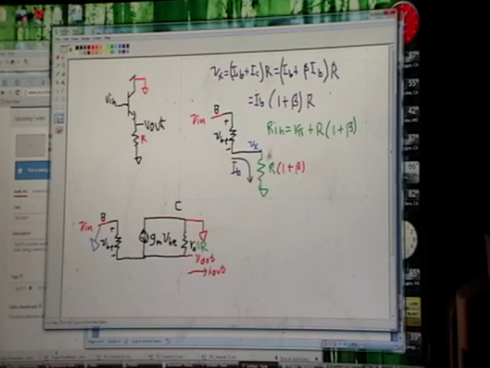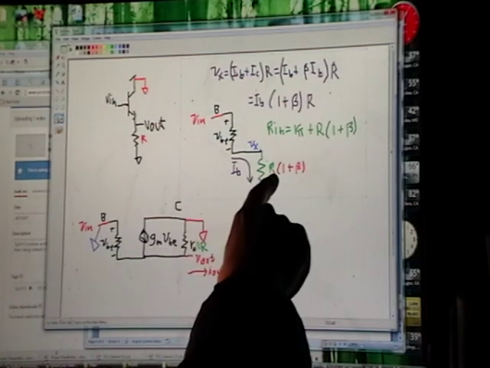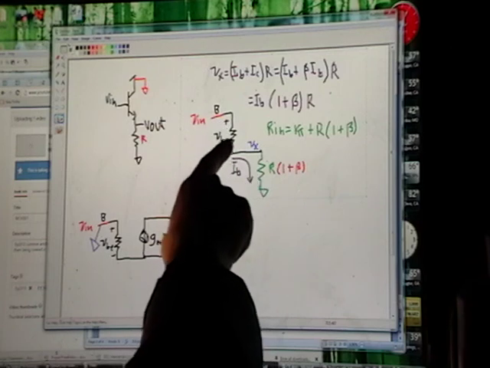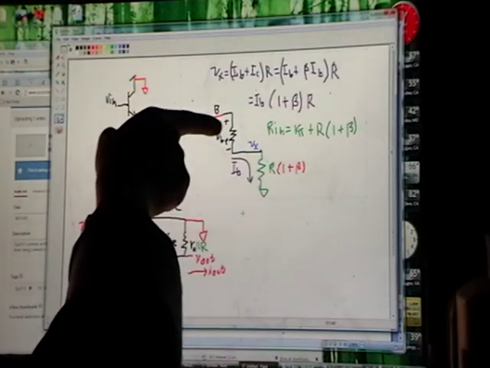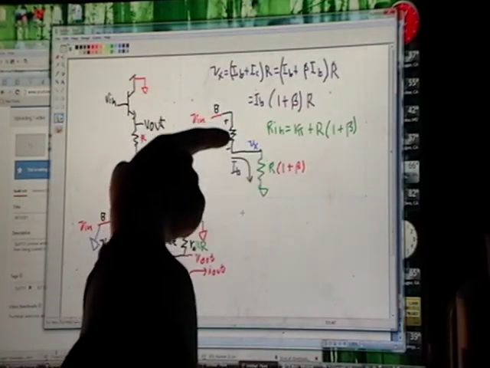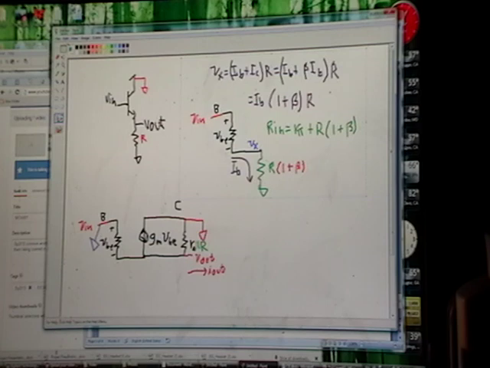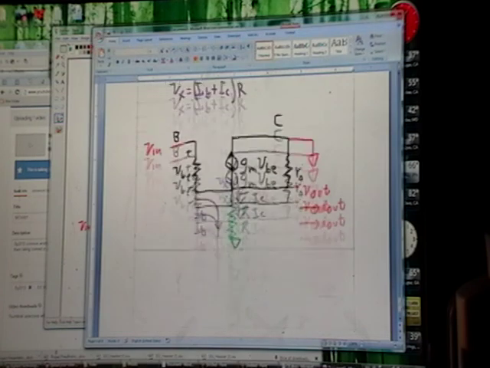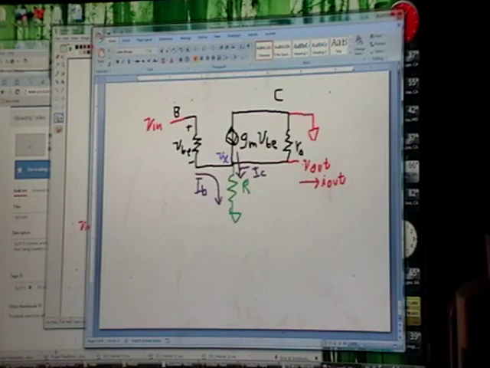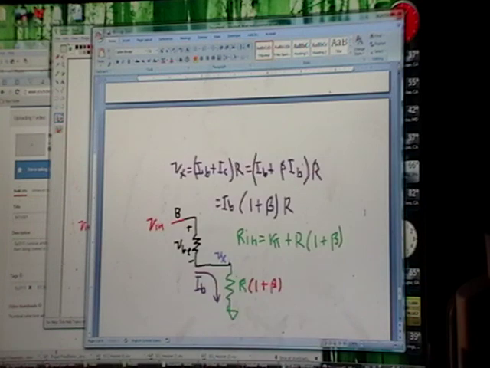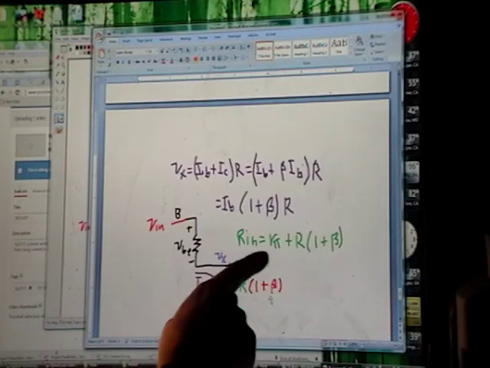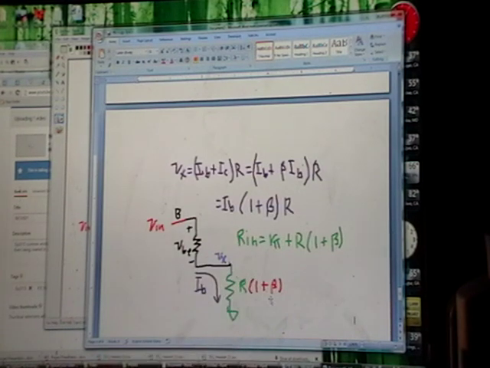Then if this is a resistor of R times (1 plus beta), we just have two resistors in series. If you're sitting over there trying to push current through, you see R pi plus R times (1 plus beta). That's the shortcut. And now you have an equation right here for the Rin of the follower.